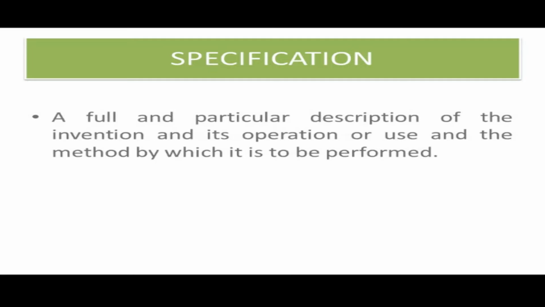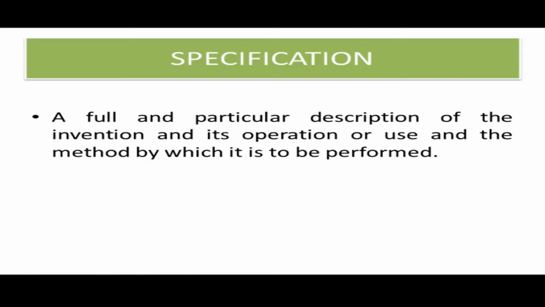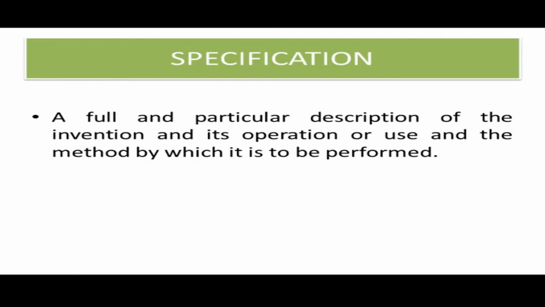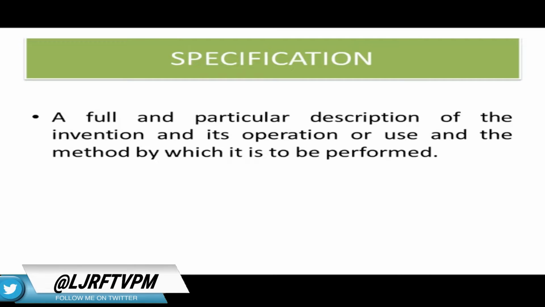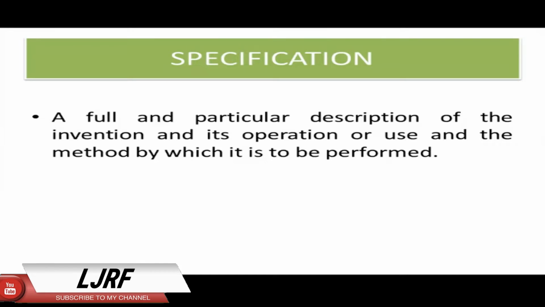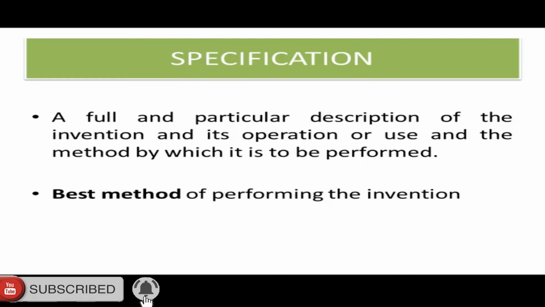And a full and particular description of the invention, as you can see on the screen. I invite your attention to the screen as well. A full and particular description of invention and its operation or use and method by which it is to be performed. That's what is going to be found in a specification. And it is mandated in the patent law that the best method of performing the invention be described.